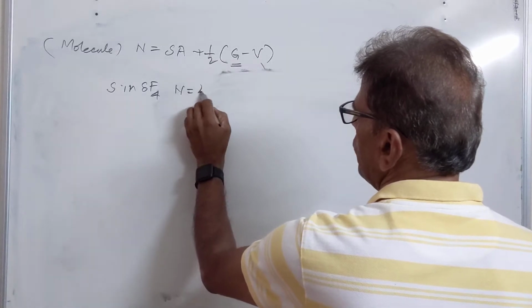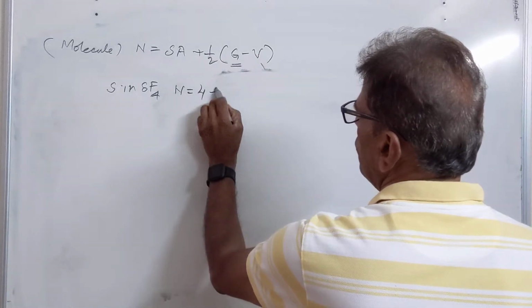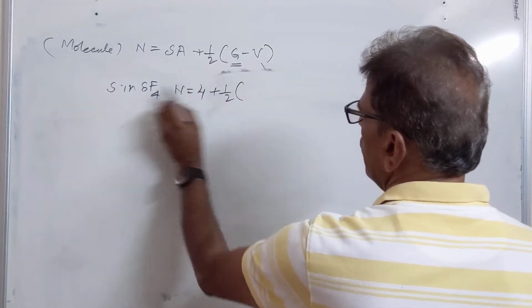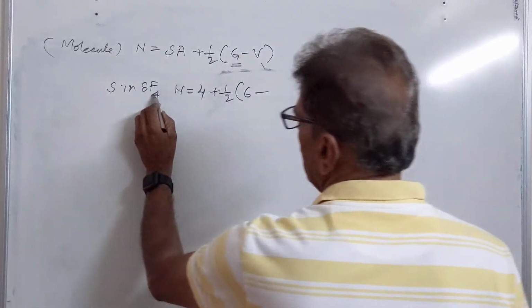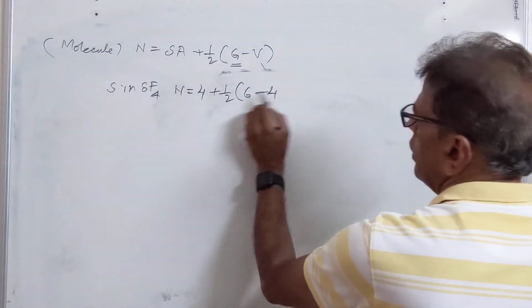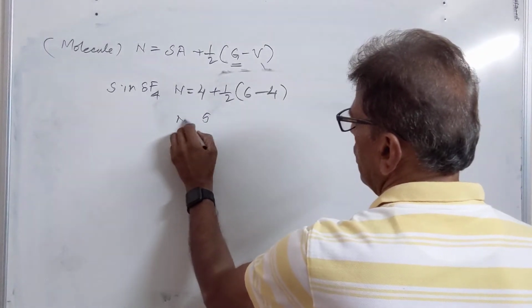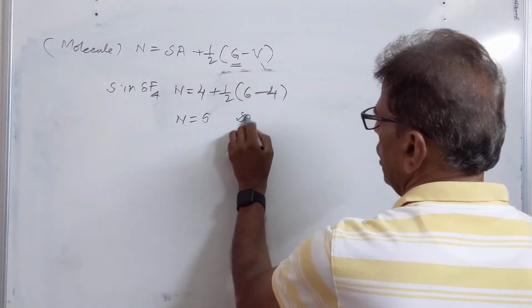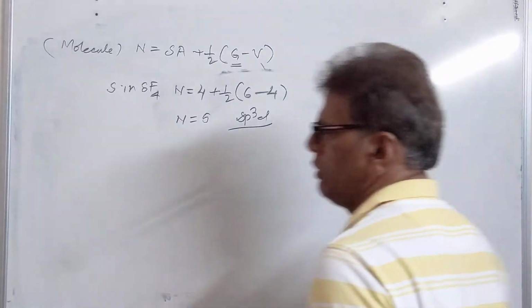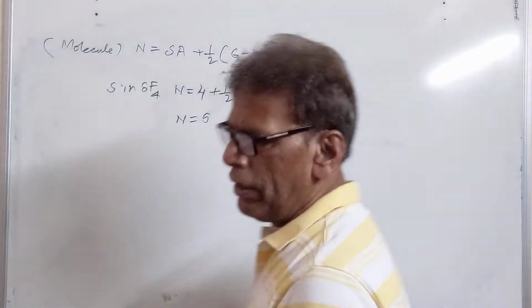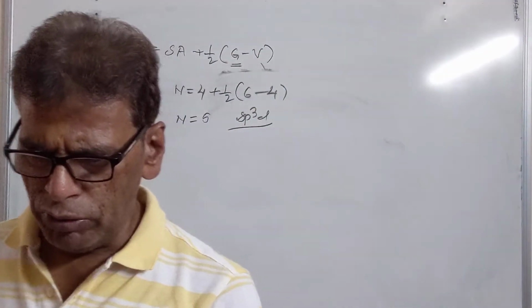Surrounding atoms are 4 here. Then half of the valence electrons of sulfur, which are 6, minus the valency, which is 4. There is no charge in this case, so we will have 5 orbital hybridization. It will be sp3d hybridization. So the molecule will be trigonal bipyramidal.